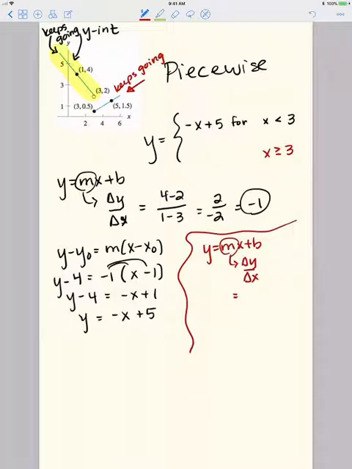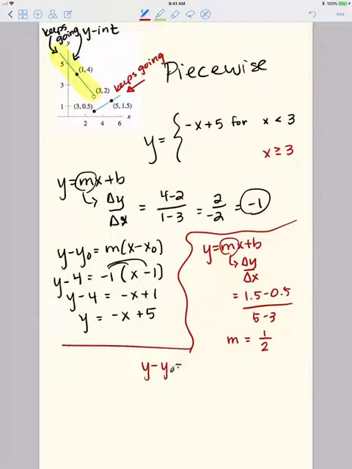So using the 2 points that they've given us, we've got 1.5 minus 0.5 over 5 minus 3. So that gives us 1 over 2. So our slope is 1/2. And when we go to plug that in to point slope form, you get y minus, I'm going to use the half, the 0.5, equals 1/2 times x minus 3.